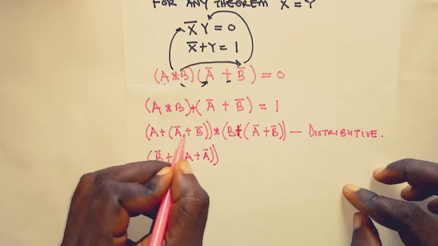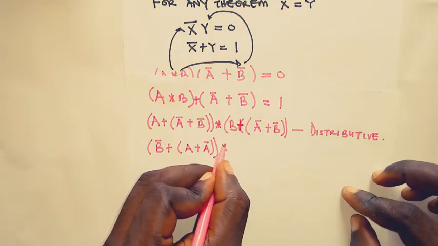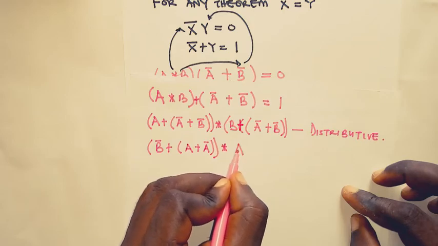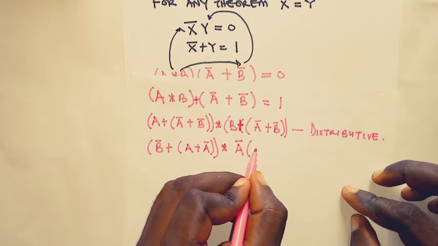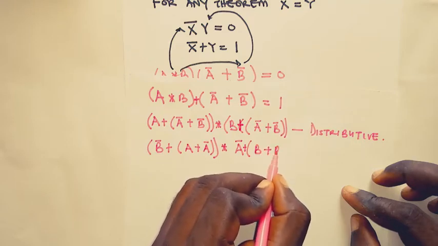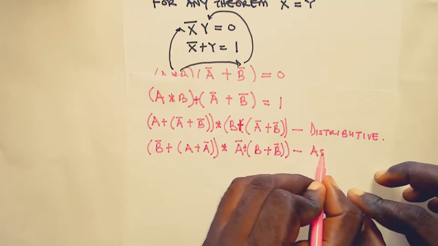It doesn't really change the expression, we just rearranged. Then our multiplication, and of course we can do the same thing here to say we bring the A bar out, A bar plus B plus B bar, and then we call this the associative law.